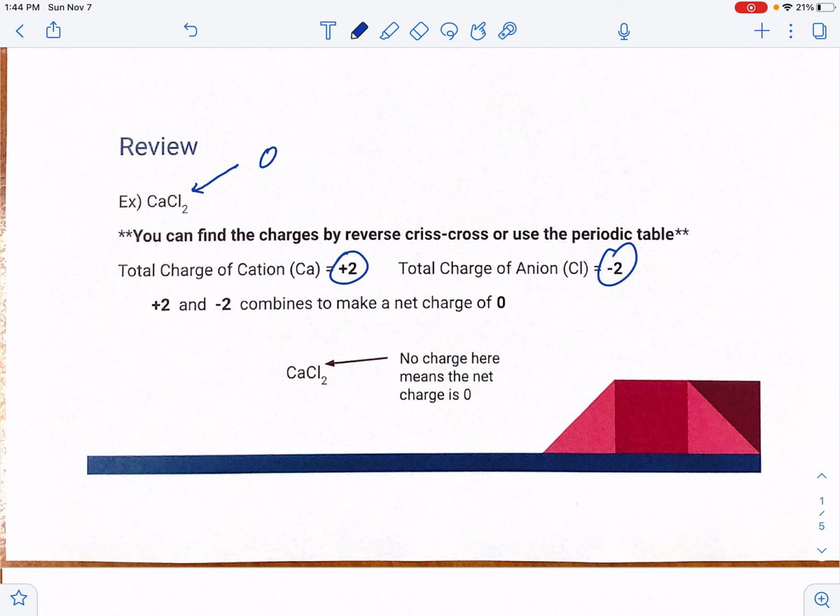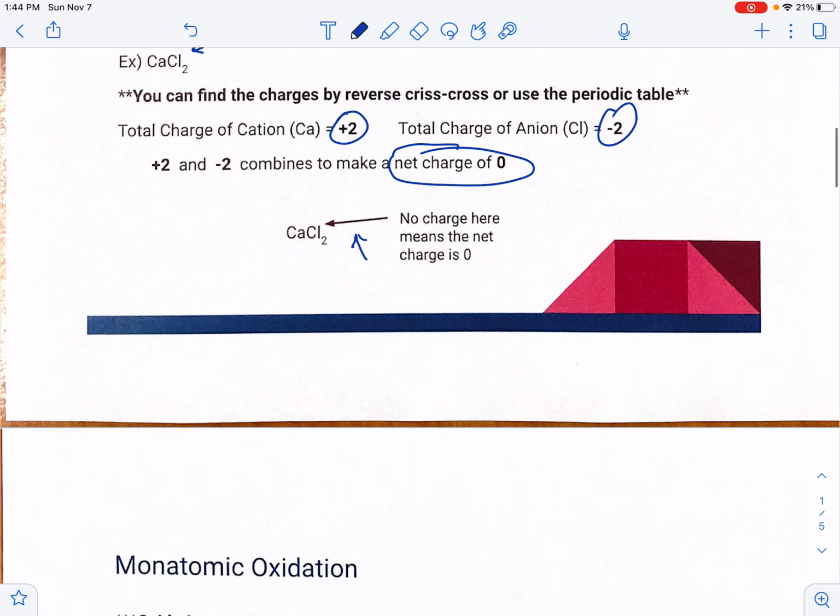Put +2 and -2 together and that gives you a net charge of 0. That is why you don't see a charge up here in this compound. That is why I drew this arrow right here, explaining that if you don't see anything, the net charge is 0, and that's what we're going to set it equal to.